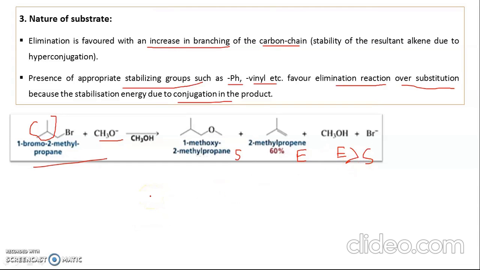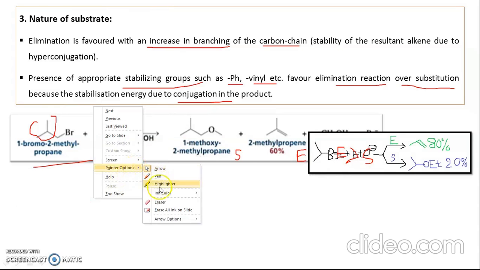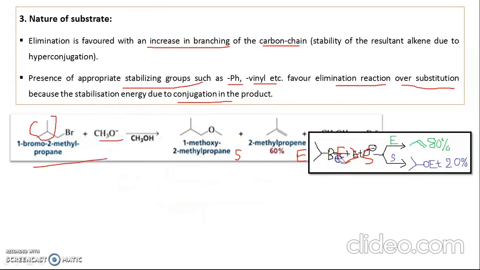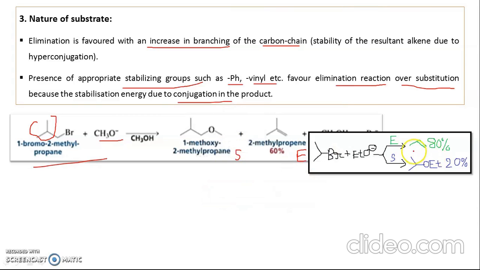So this is the nature of substrate. Another example that you can also see: in our starting material, there is some branching. So as branching is present, we are getting elimination product 80% but substitution product only 20%.